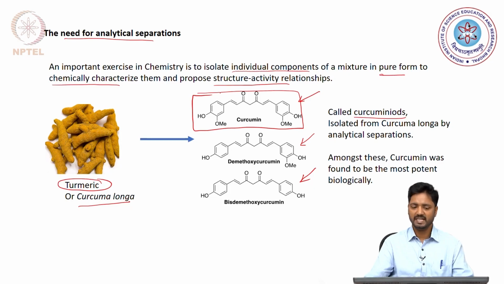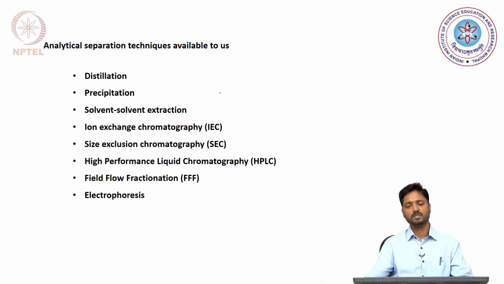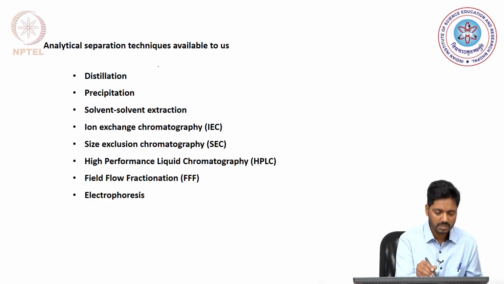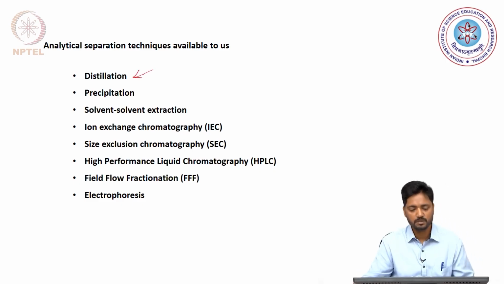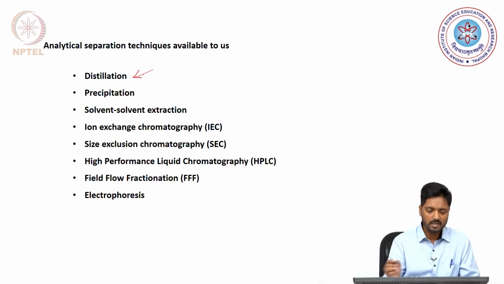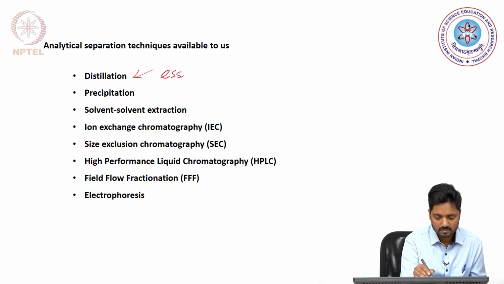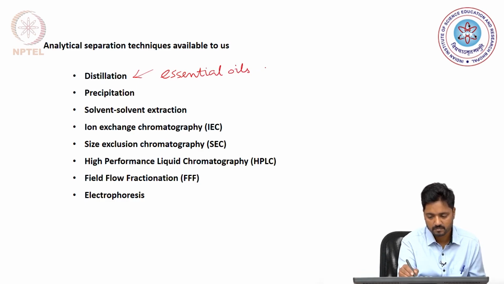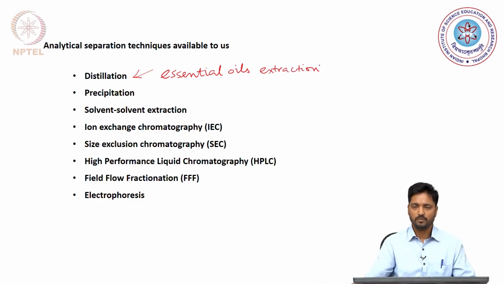So, what are the techniques that are available for us for analytical separations? What has been traditionally used is the distillation process, and you might be aware that many of the plant extracts are distilled so that we can isolate what are known as the essential oils from the plants.